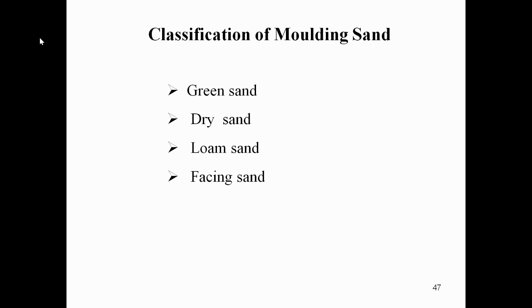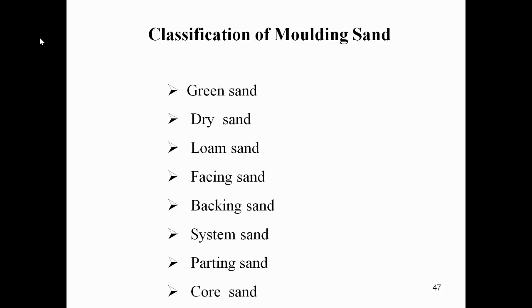Next will be the classification of molding sand. How are we classifying it? We can see the molding sands here. First one will be the green sand, second dry sand, third loam sand, fourth facing sand, fifth baking sand, sixth one will be system sand, seventh one is parting sand, and the eighth and last one is core sand.